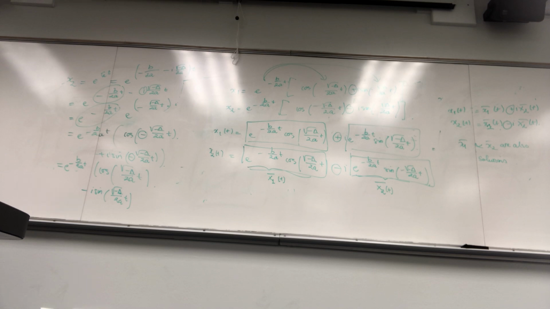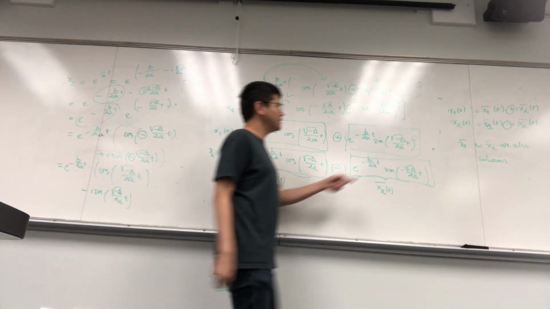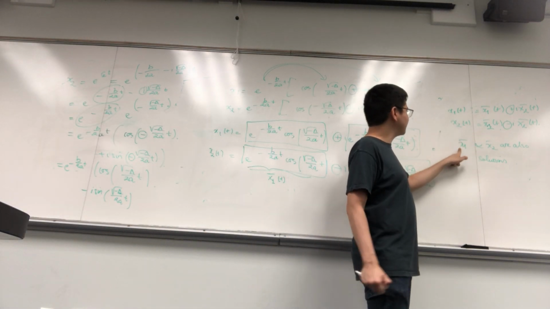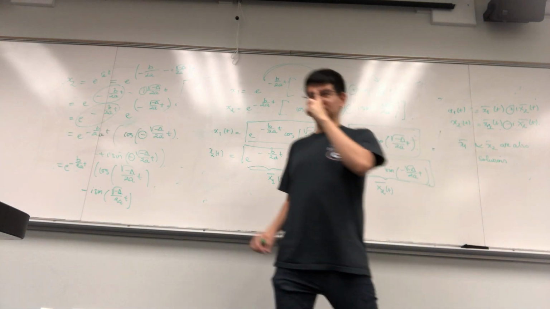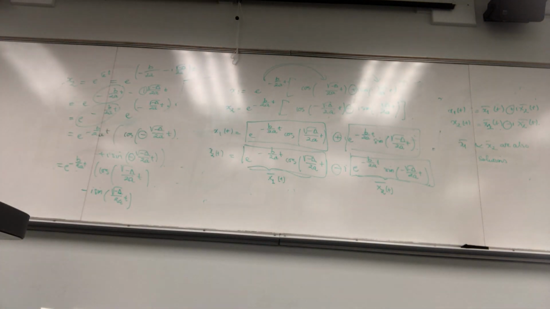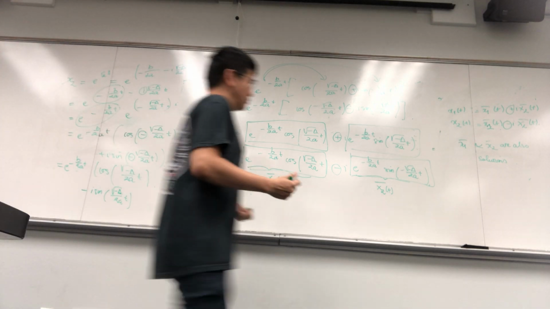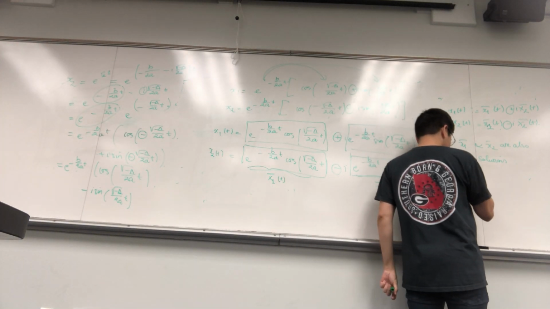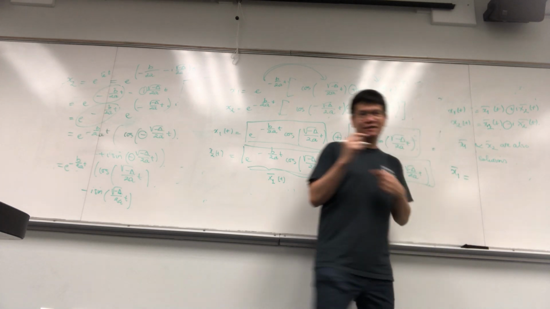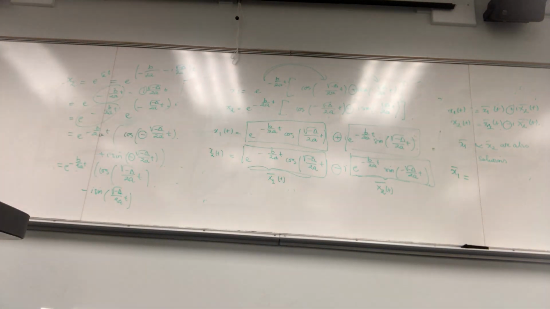So this is a hard question. Can you express x1 bar in terms of x1 and x2? So I want to express x1 bar as some linear combination of x1 and x2.